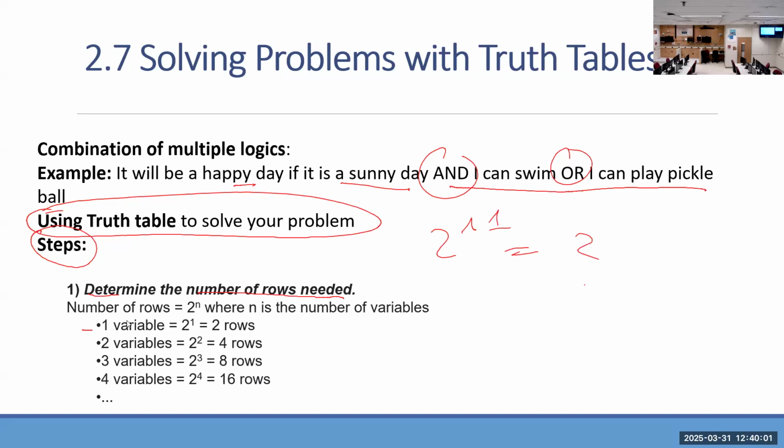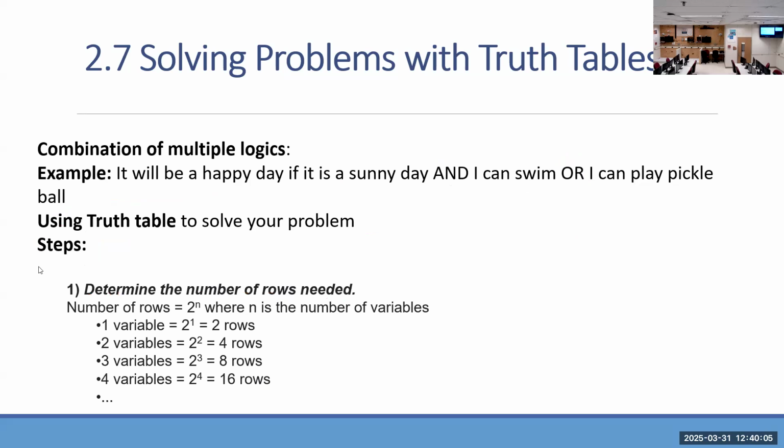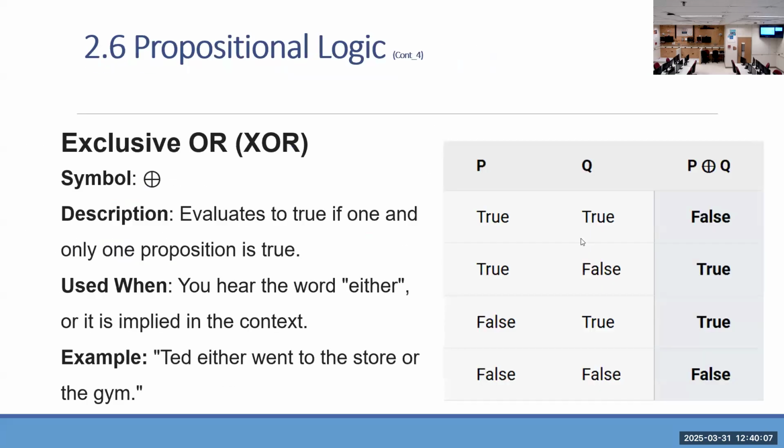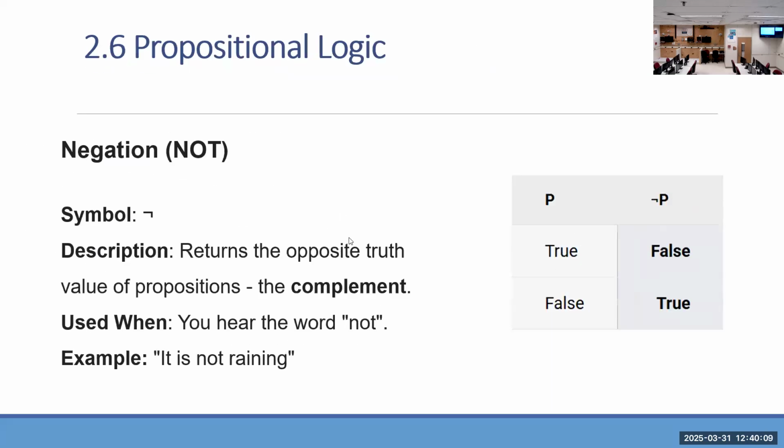In the case of NOT, you have 1 input and 1 output. That's why you need 2 rows, because 2 raised to power 1 gives you the number 2. Okay.